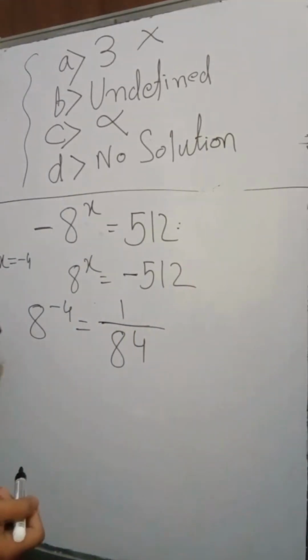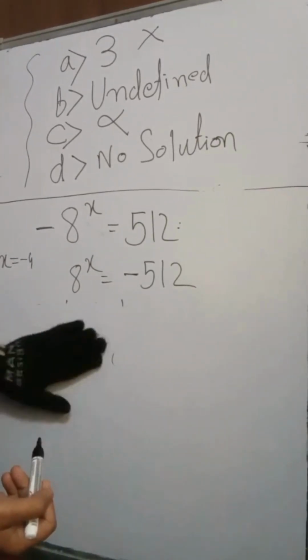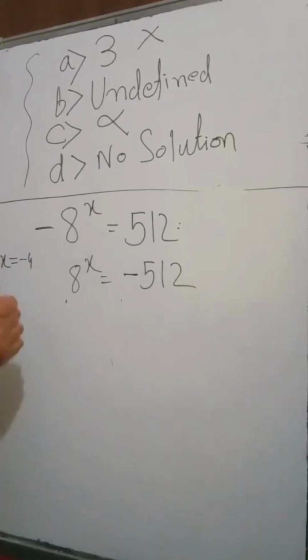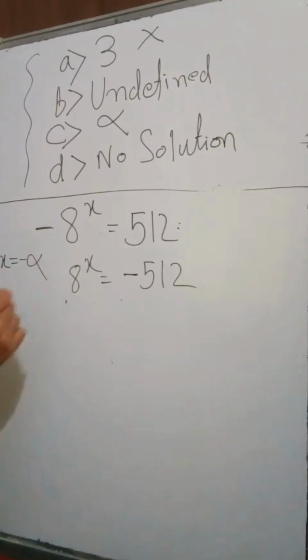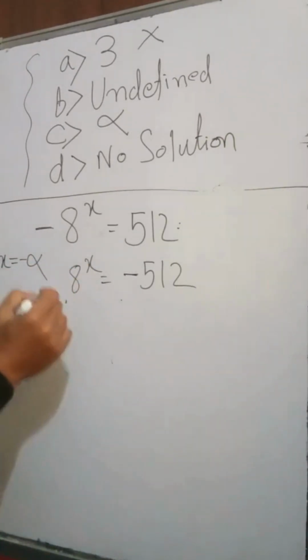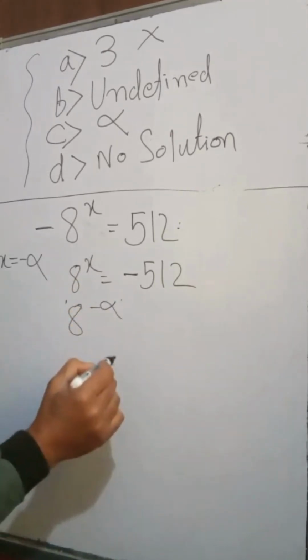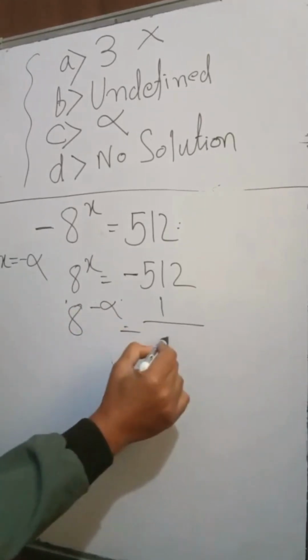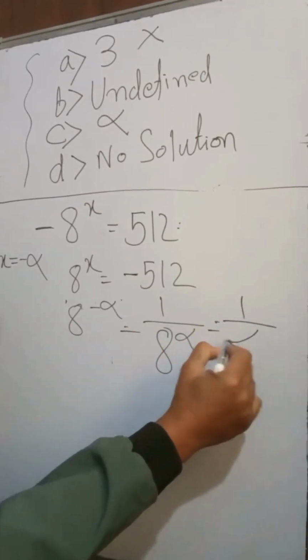Now some of you may say, okay, let us take the value of x as minus infinity. If the value of x is minus infinity, then what will be the solution? 8^(-infinity), which is nothing but 1 by 8^infinity, that means 1 by infinity.